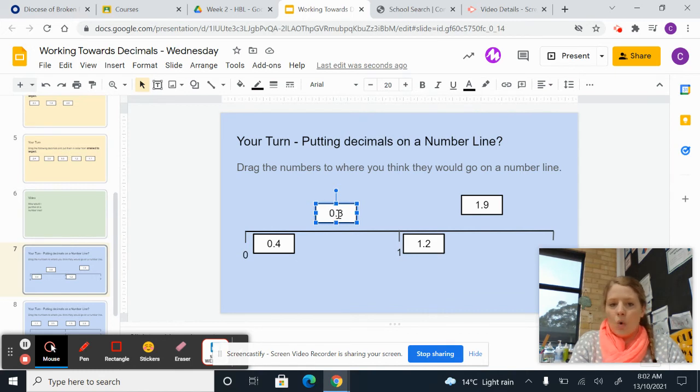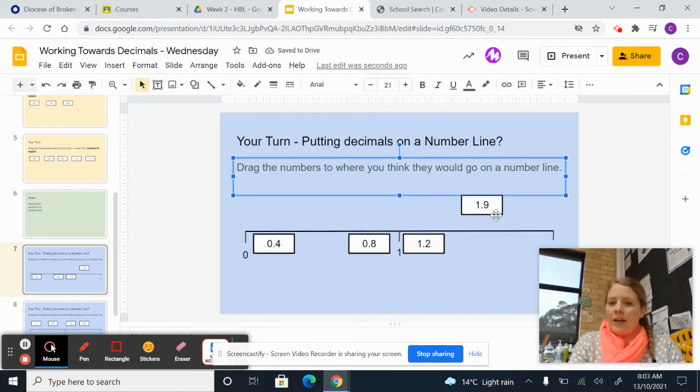It doesn't have a whole number yet. So we're going to put it on this side between the 0 and the 1. Now, I could put it here, but that's looking more like halfway. Is 8 halfway? No. So 8 tenths would be closer to our 1, because we're getting close to one whole number.